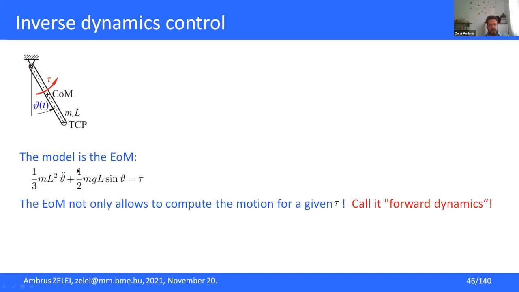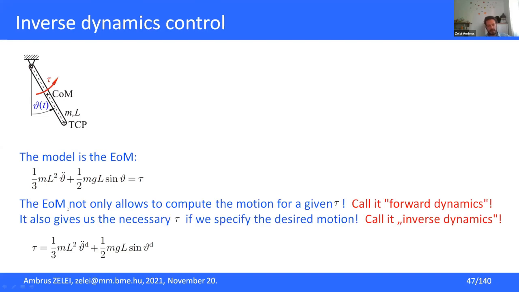And this equation actually allows us to calculate the motion if the control torque is given. So if I put here, let's say 10 newtons, I will be able to calculate the time history of theta. So it will turn around or it will oscillate. So something will happen due to the torque which I apply here. And it is called forward dynamics when the torque is given and the motion is calculated.